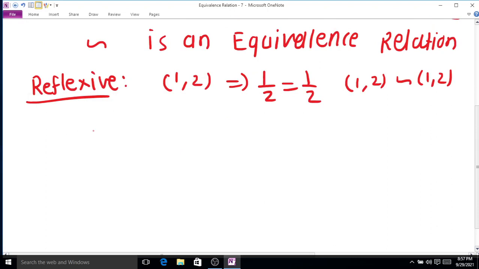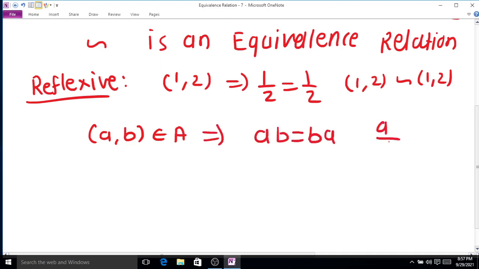So if we take an arbitrary ordered pair (a, b) belonging to set A, then ab is equal to ba, or in other words (a, b) is related to (a, b), and therefore the given relation is reflexive.